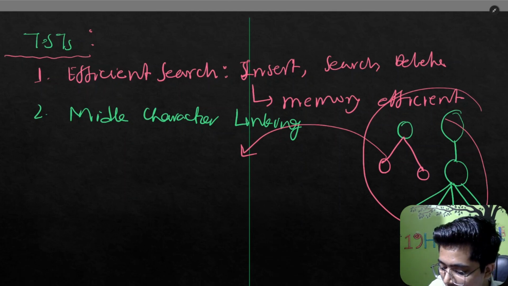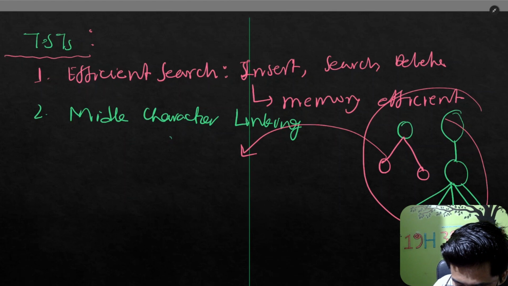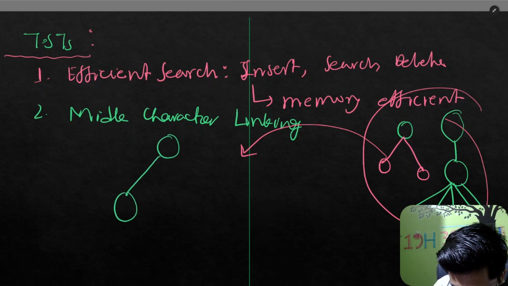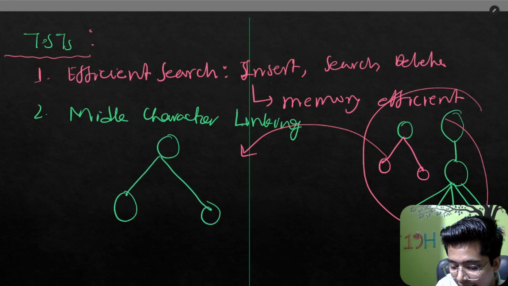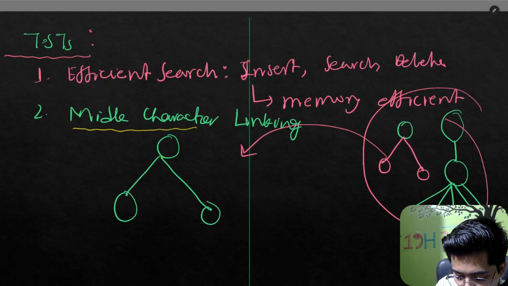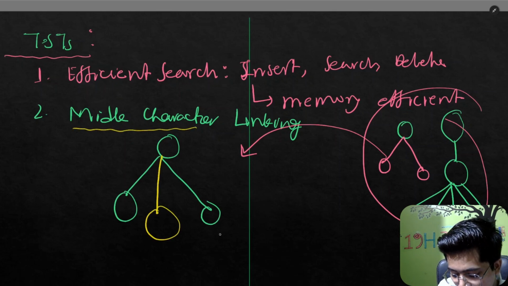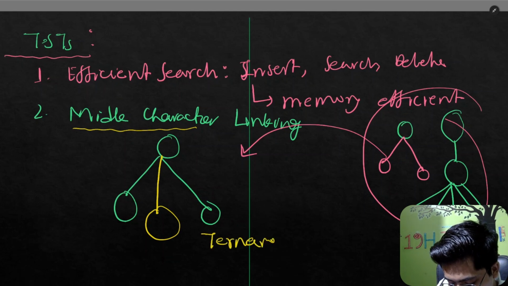So the structure of a ternary search tree is like this. First we draw a binary search tree. So this is a binary search tree, and now we will be linking using the middle character. We use middle character linking and this becomes the ternary search tree.